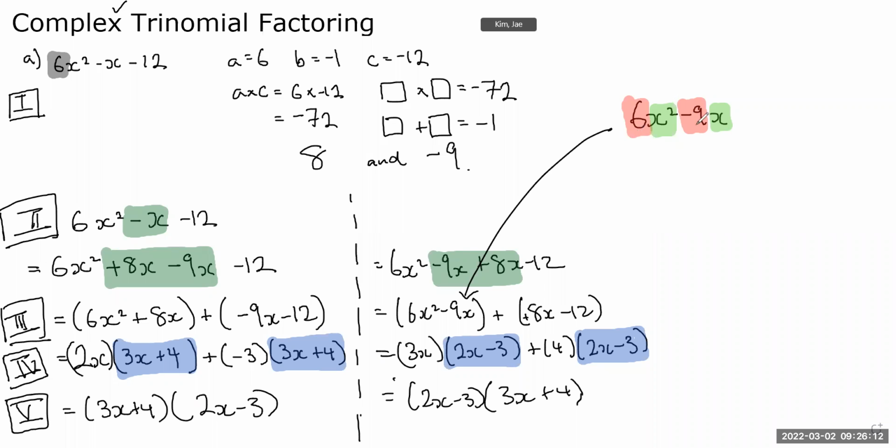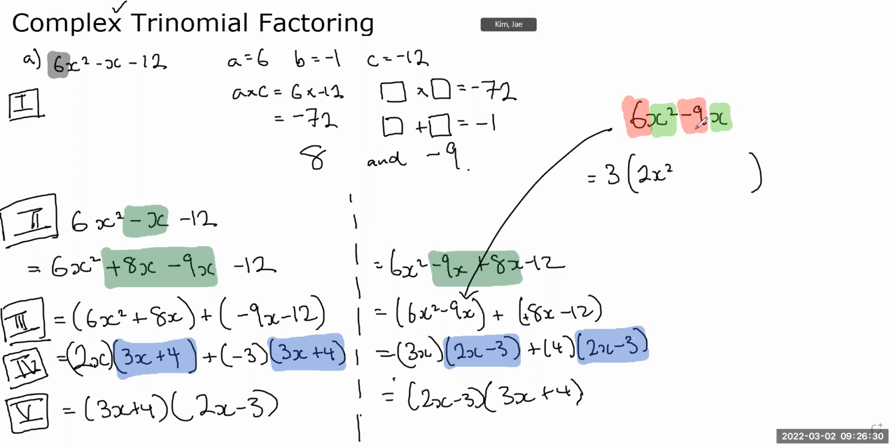So 6 and 9, I know that they are both multiples of 3. So I'm going to divide a 3 out of the entire thing. So 6 divided by 3 is 2. What about 9?